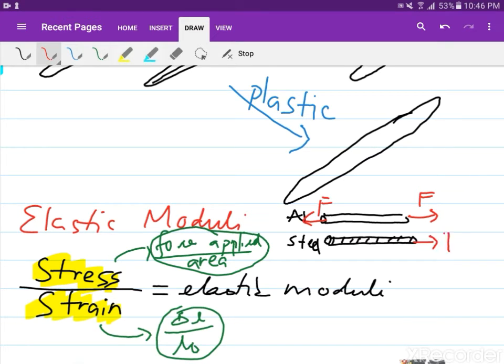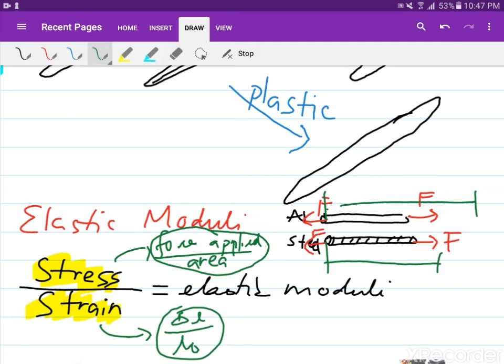After applying the force, we have seen that the aluminum stretched by this amount, while the steel only stretched by this amount. So now we ask, which metal bar is more elastic?